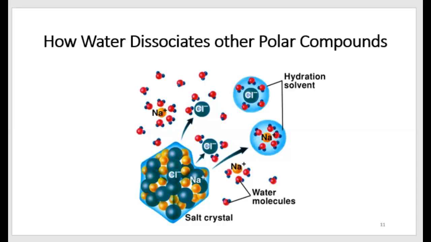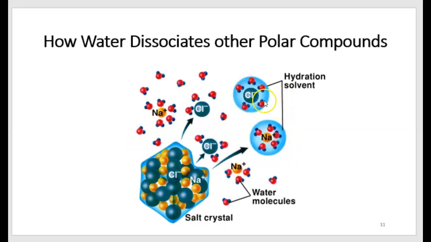First, water is a good solvent because it can dissociate other polar compounds like salts, electrolytes. Some proteins and carbohydrates are also quite polar. Recall that sodium chloride is an ionic compound, so that makes it polar like water. And all polar compounds are considered hydrophilic because they can interact with the opposite charges of water.